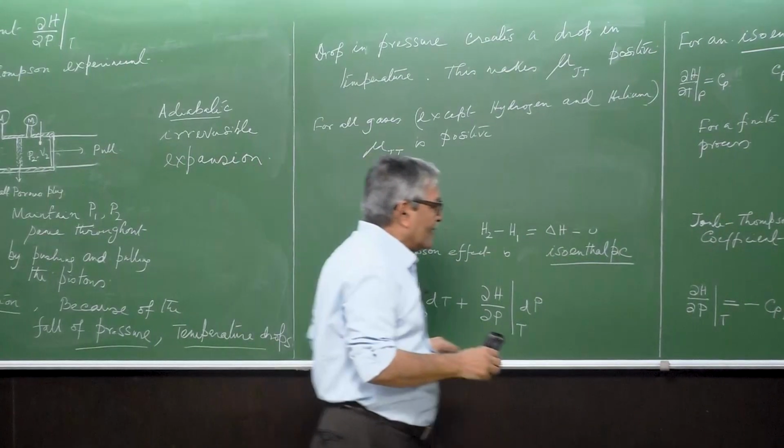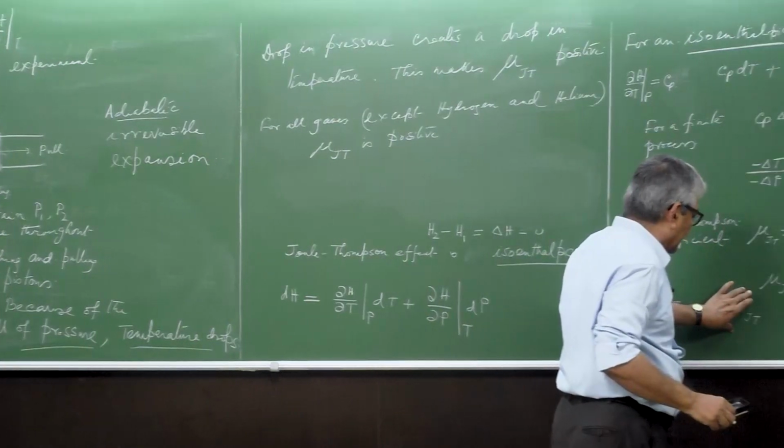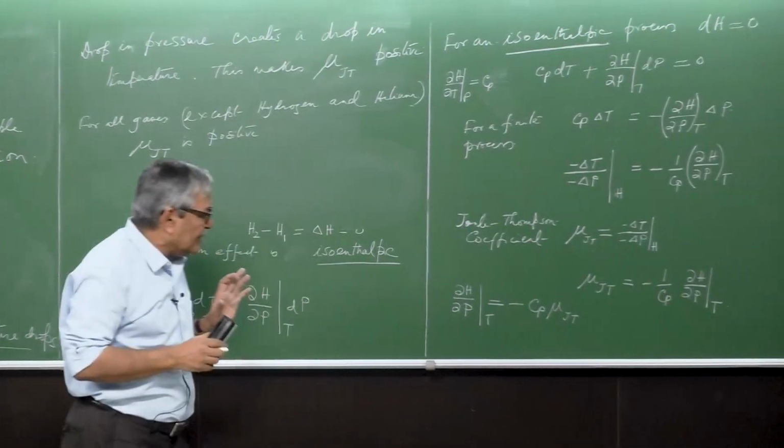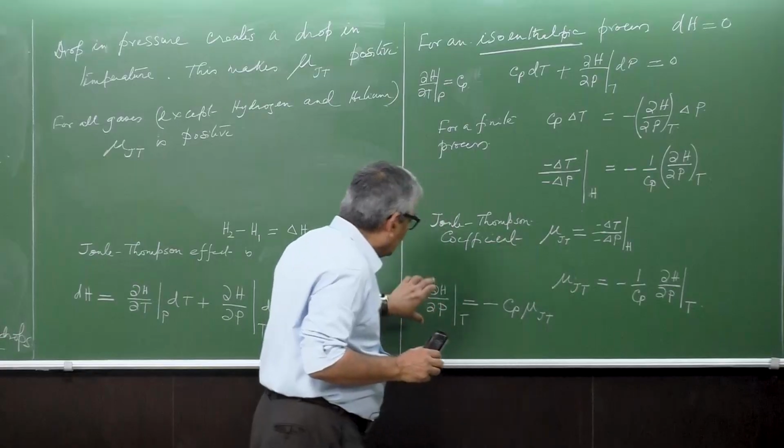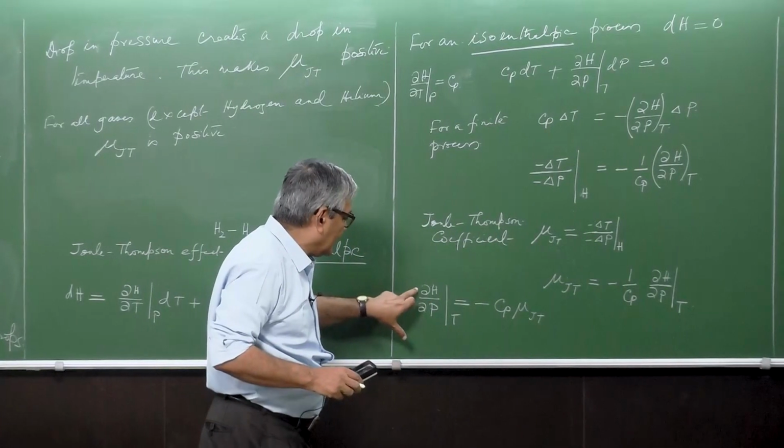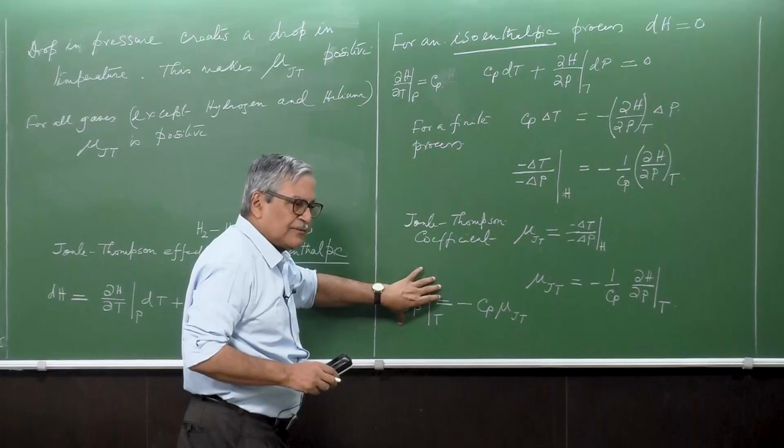So the actual calculation of this Joule-Thomson effect can be done by knowing this quantity del H del P from a different angle.